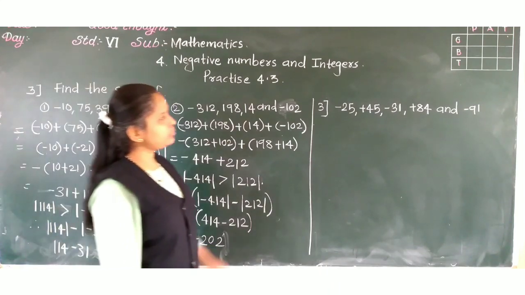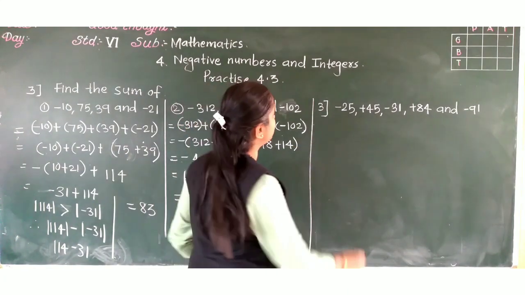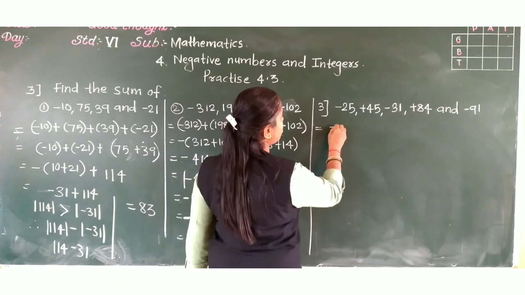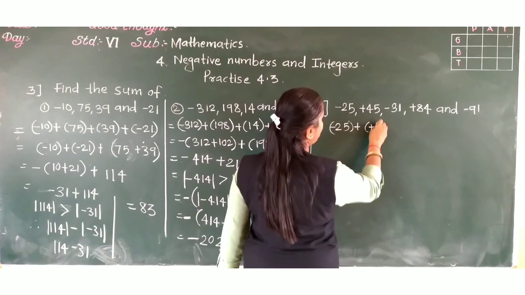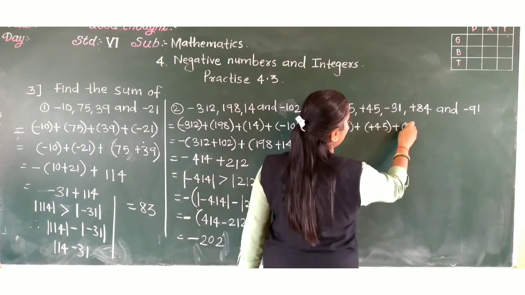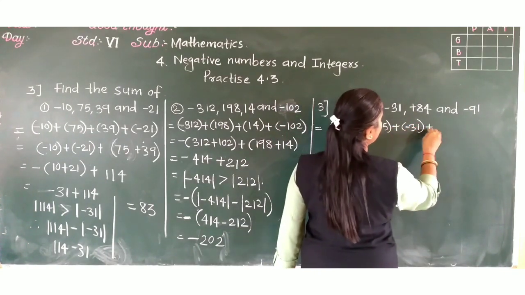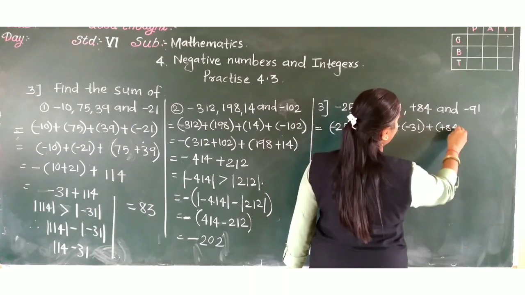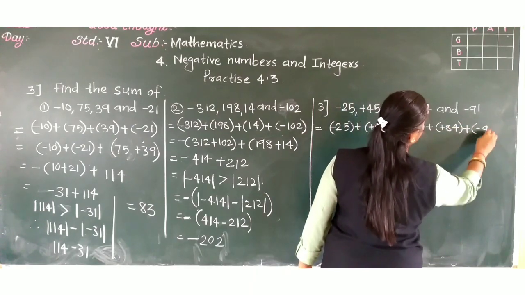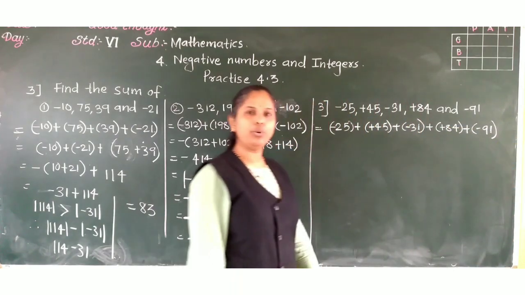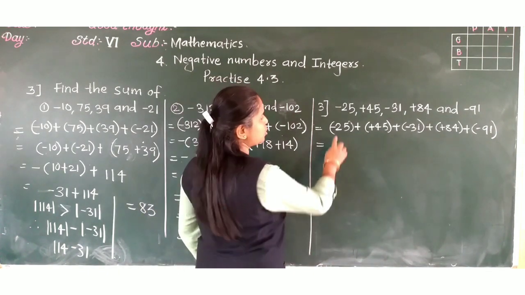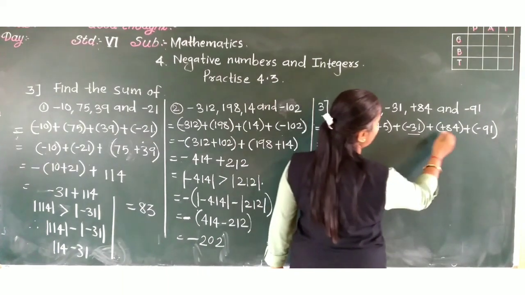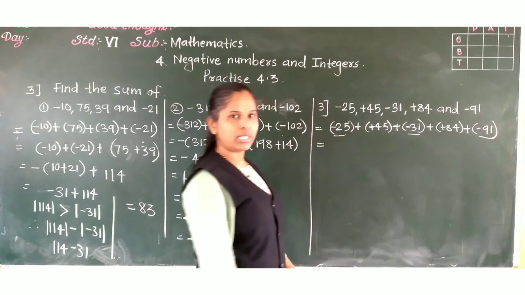Okay? Now see the third one. I will write first: minus 25 plus 45 plus minus 31 plus 84 plus minus 91. Again, what will you do? Take the integers having the same sign together. So see, this minus 25, minus 31, minus 91 having the same sign.